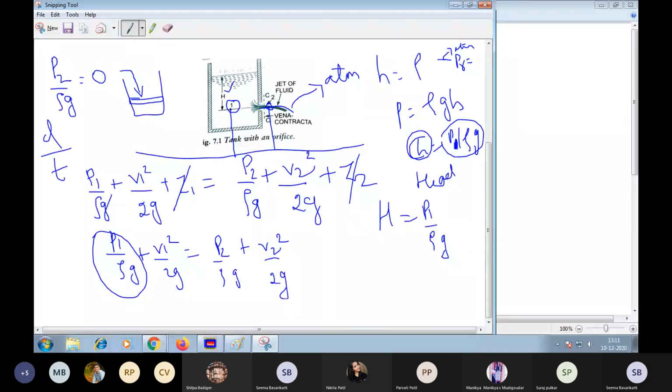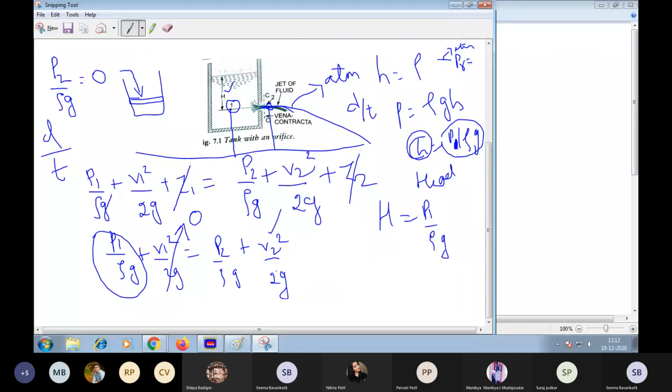Consider only this particular section. Is the water flowing here at section 1? No, ma'am, it is stagnant. So therefore velocity is equal to 0. What about V2? The water is traveling from one place to another, that is distance traveled by time taken.